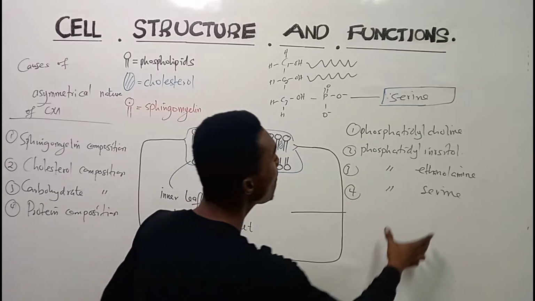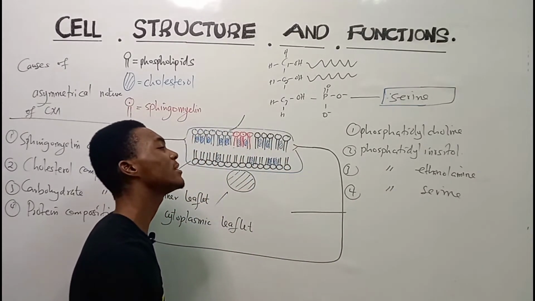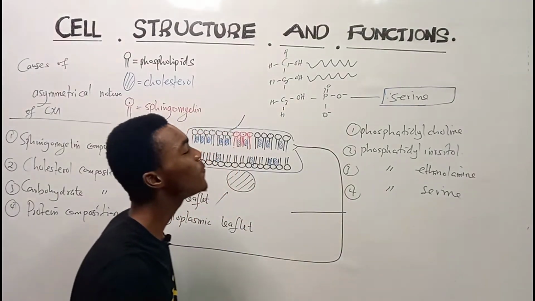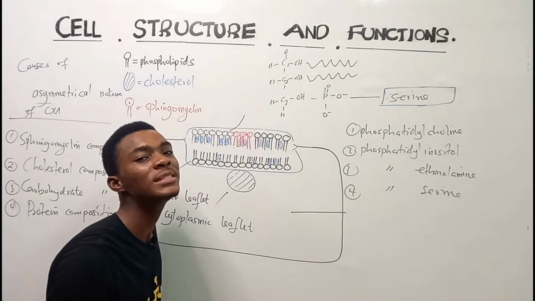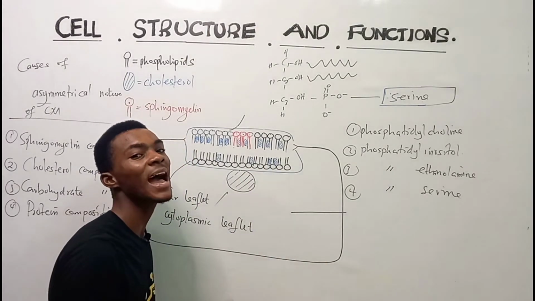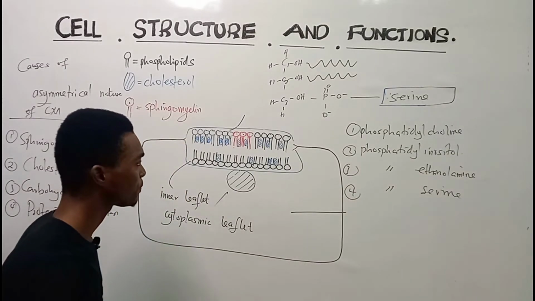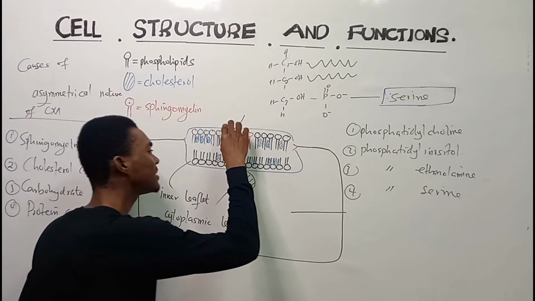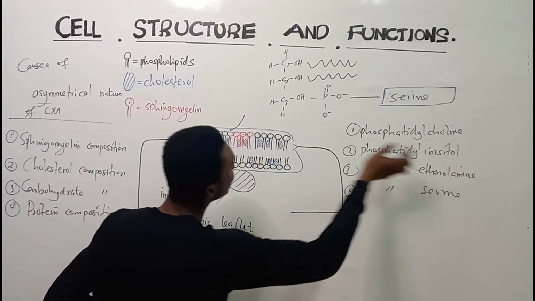So guys, these are the 4 main types of phospholipids that can be found in the cell membrane structure. Then we come back to the question: which of them can be found in the outer leaflet and which of the 4 are found in the inner leaflet? The answer is very simple. In the outer leaflet, it is just the phosphatidyl choline that can be found.